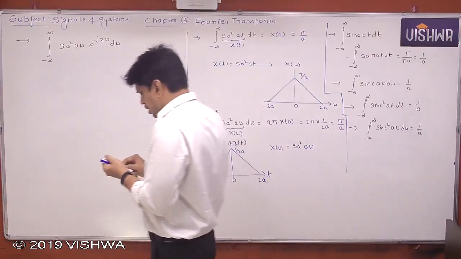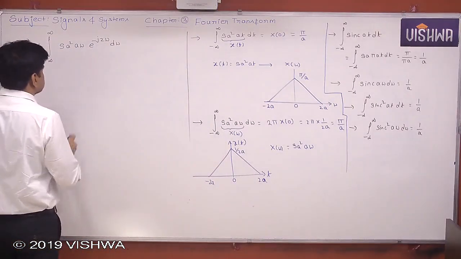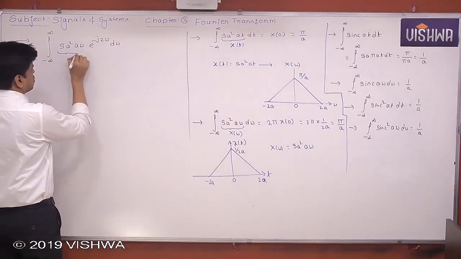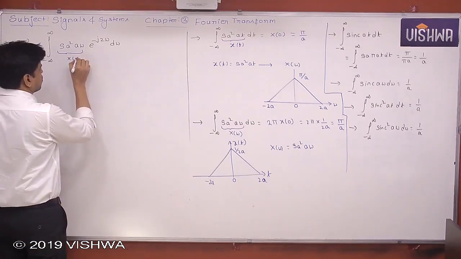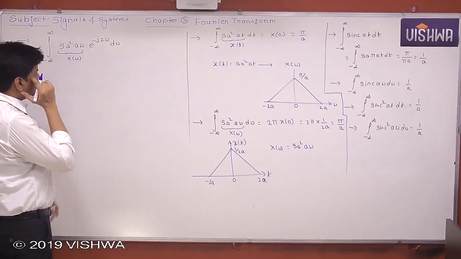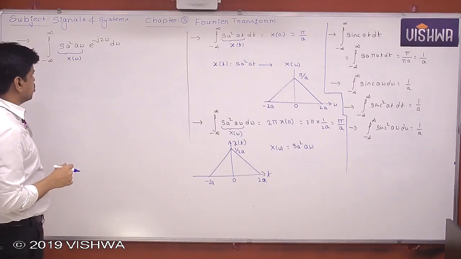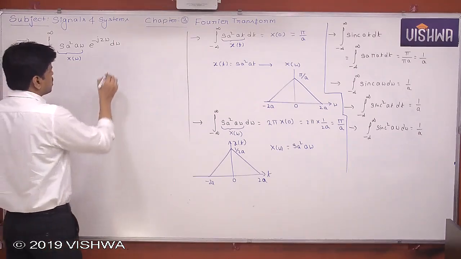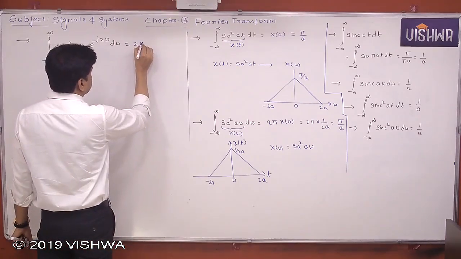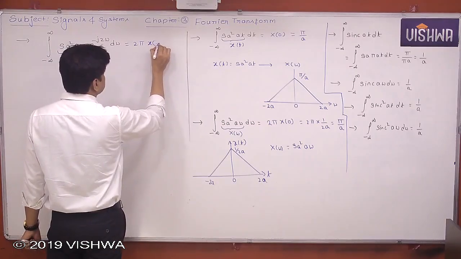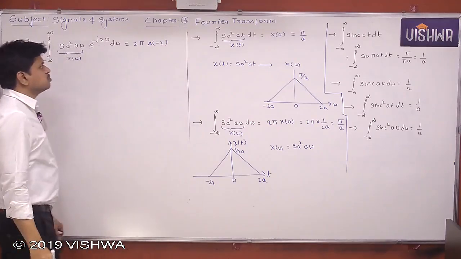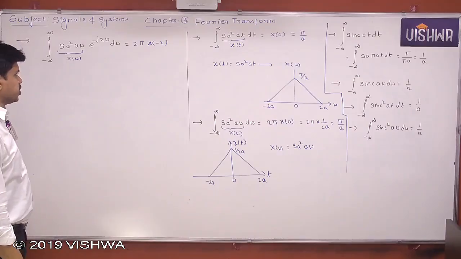From the formula, let's call it x of omega, x of omega e power minus j 2 omega. That is going to give you 2 pi small x of minus 2.